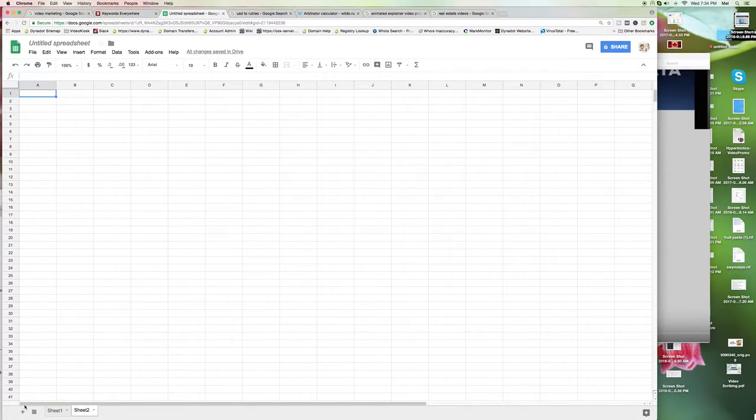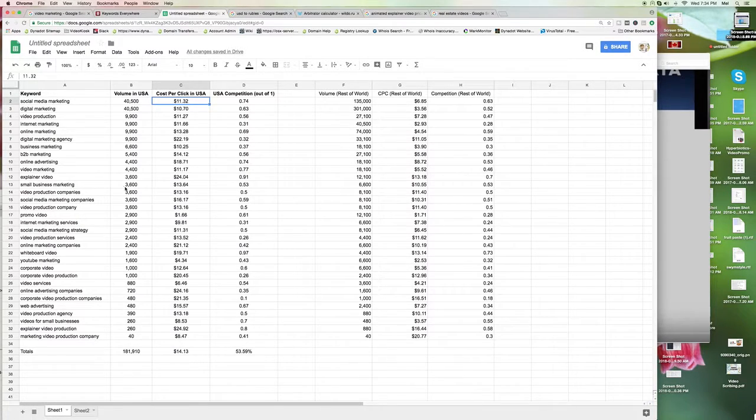So here's the sheet that I did. All the keywords are here. I put 32. And all I did here was the volume in the United States. I put that stuff over here. This is the rest of the world. So if I go to video marketing, here's our metrics again. I added up the volume, I averaged out the cost per click in the United States, and averaged out the competition.